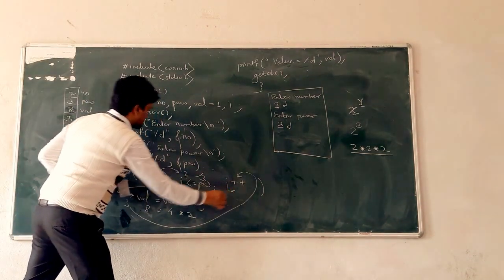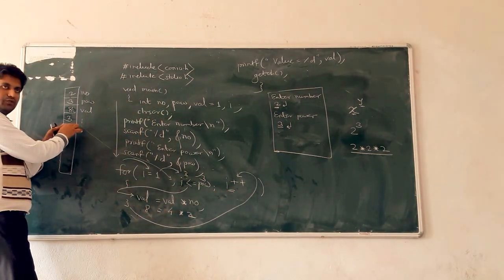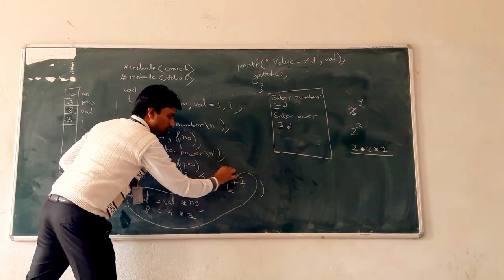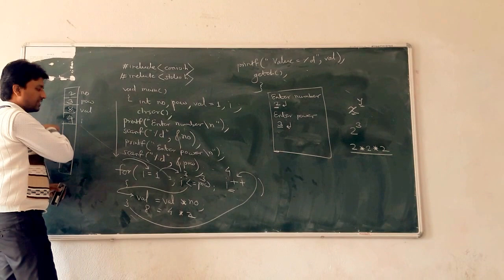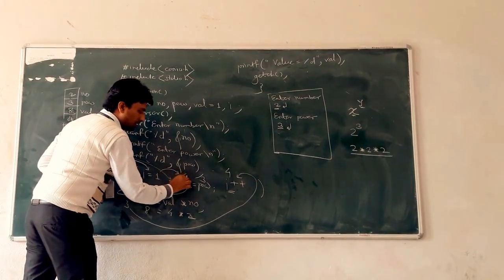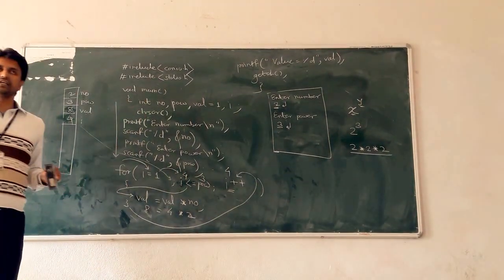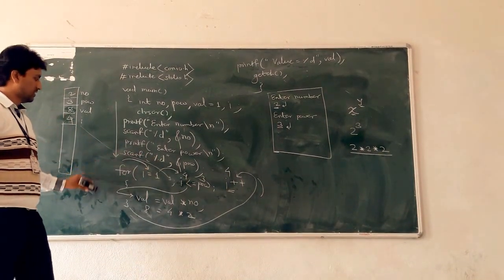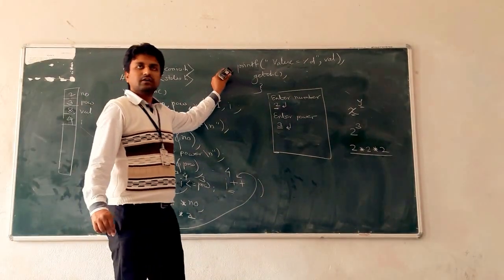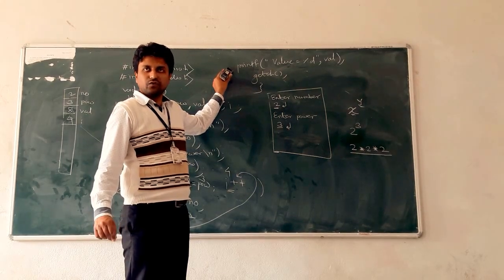After that, I plus plus, current value of I is 3. It becomes now 4. 4 is reflected in RAM also. Now 4 less than equal to 3. Condition false. So condition false means the cursor goes out of the for loop.